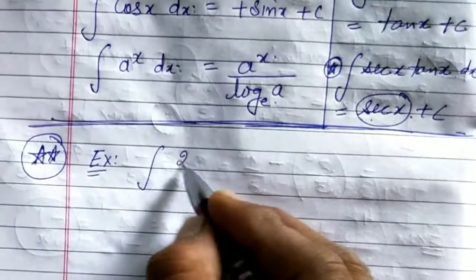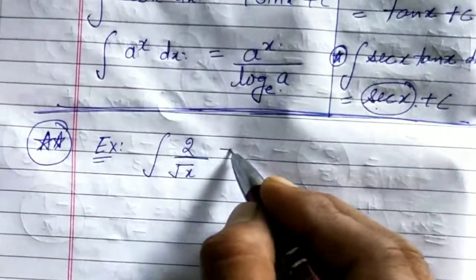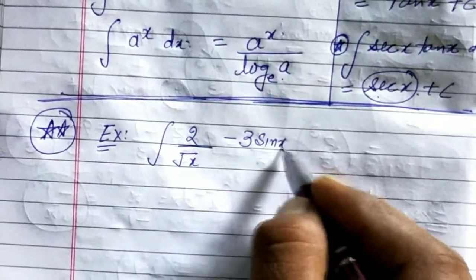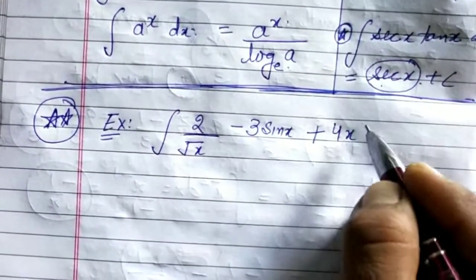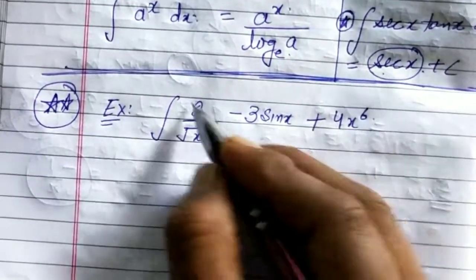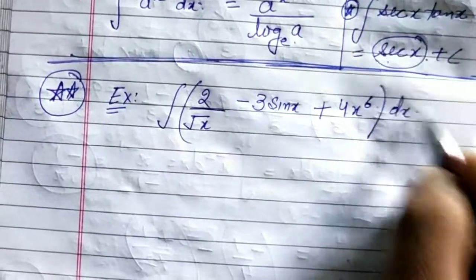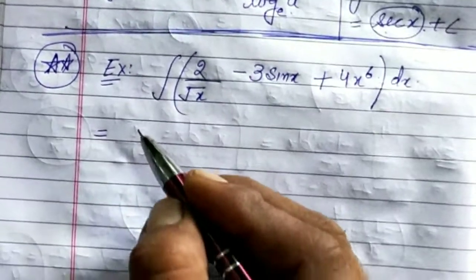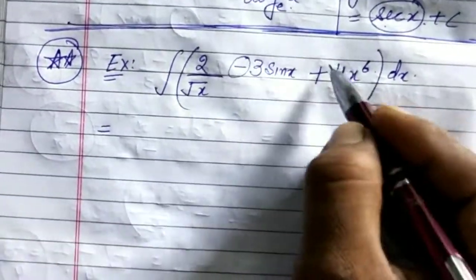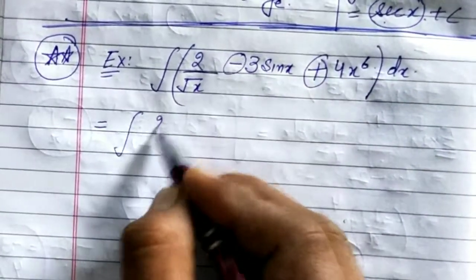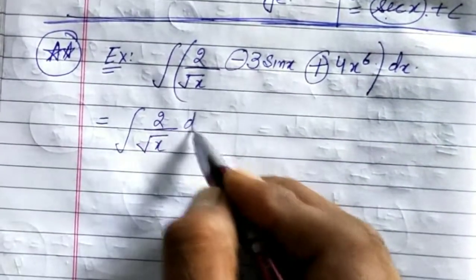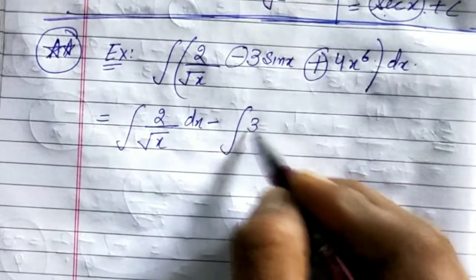One more example. We have 2 upon root x minus 3 sin x plus 4 x to the power 6, and we have to integrate it. Then what we will do is, the functions which have plus and minus signs are separated as they are, like we used to do in differentiation.